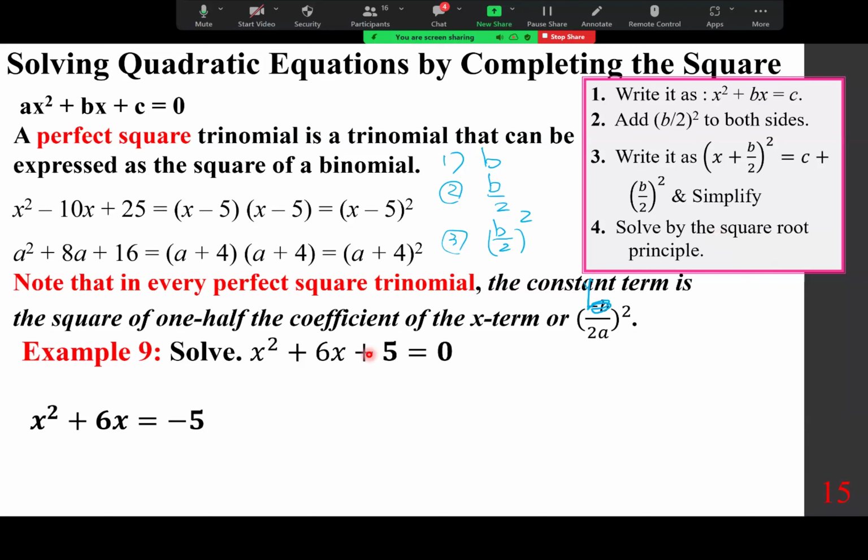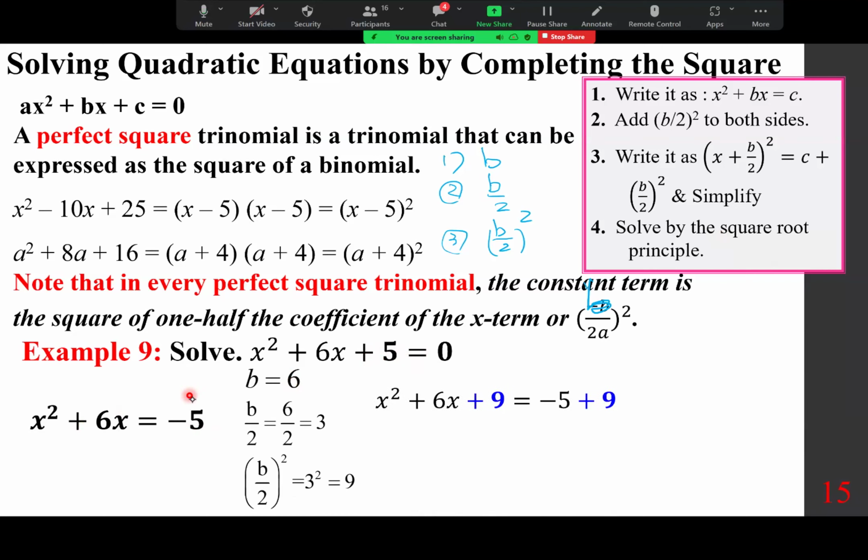So number 1, move the constant, we make it -5. Number 2, what is the value of b? 6. Divided by 2, 3. Square it, 9. Now let's add 9 to both sides. When we do that, the left side will always be the variable. It doesn't have to be x, but this is x.